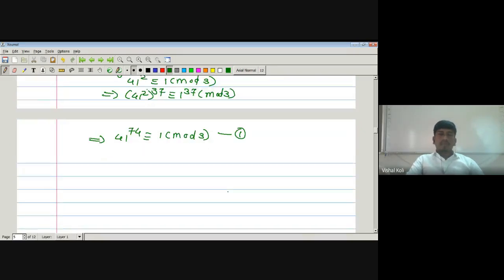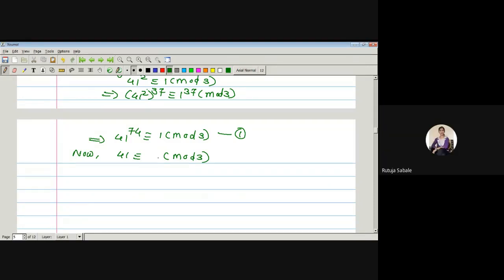Now 41 is congruent to, what is the remainder when 41 is divided by 3? 2. So this one will be equation 2.